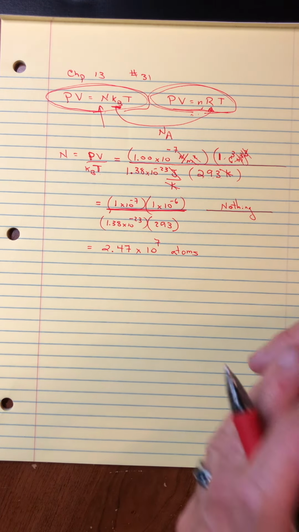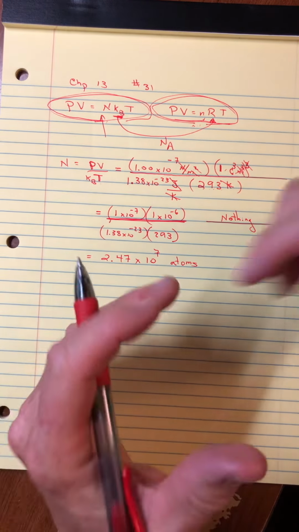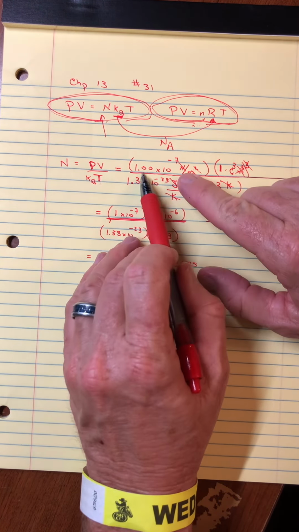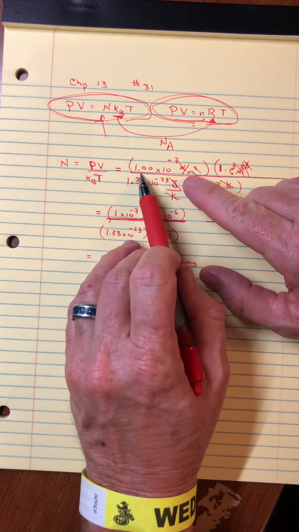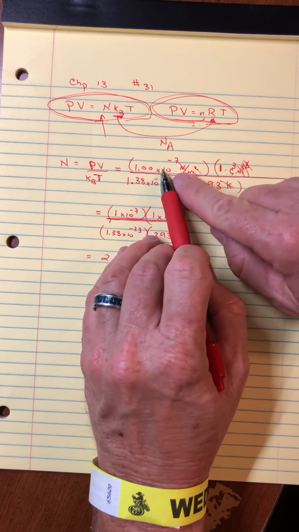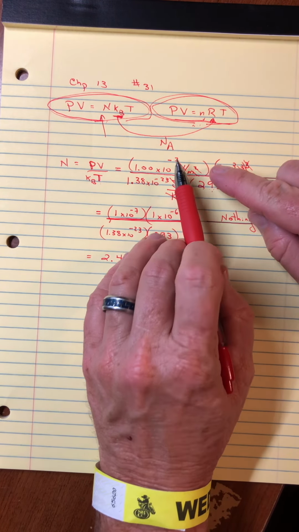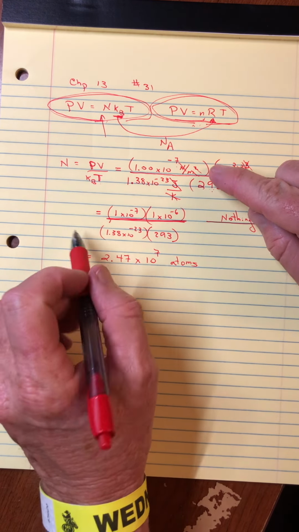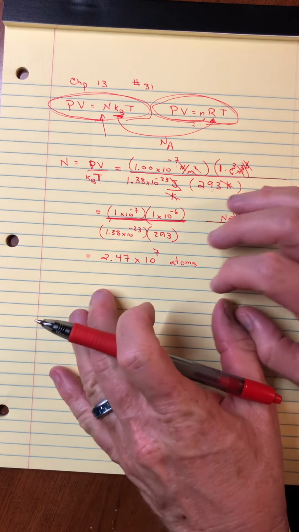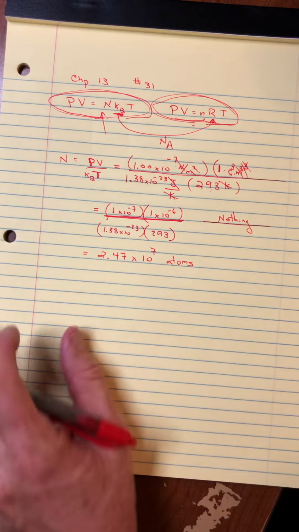In fact, at room temperature and room pressure, we would have to increase this to 1 atmosphere, which, remember, is about 1 times 10 to the 5. So we'd have to go up 7 and then 5 more, which is 12. That's a trillion times more. So, again, sounds like a lot, 25 million, but that's only 1 trillionth of the amount that would have been there at room temperature.